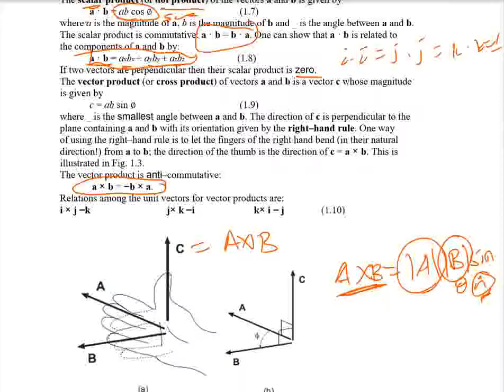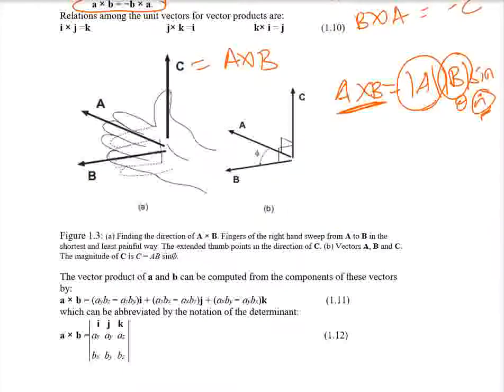But if you are asked to calculate A cross B and B cross A, the magnitude is similar, but the value, if it is positive, it makes negative, negative makes positive. Therefore, it has a minus sign. If let us say A cross B is C, B cross A becomes minus C.